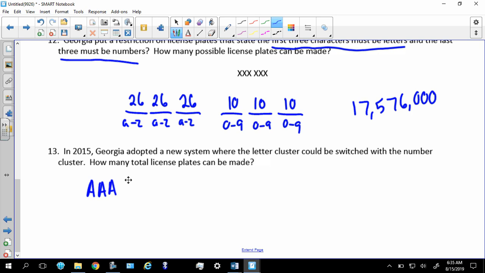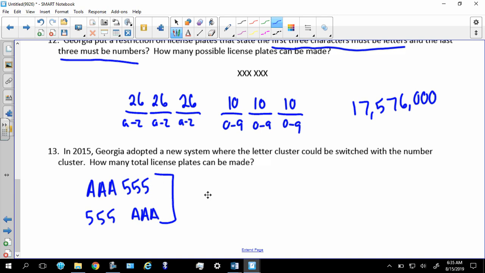A 5 5 5. That was John's, but then Sarah had a 5 5 5 A. Notice how the same numbers and letters can be used twice. All right. So because we have a different setup, it's almost like area codes, where you're given 2 options.